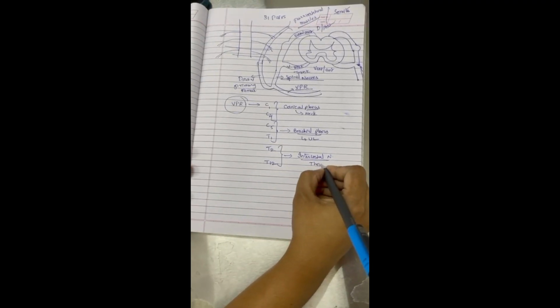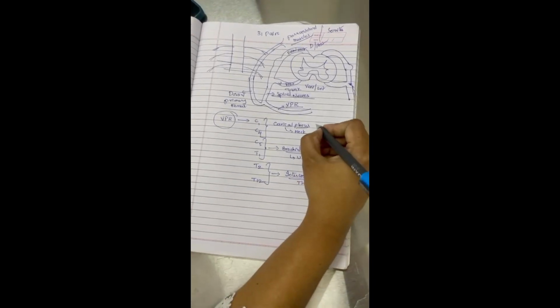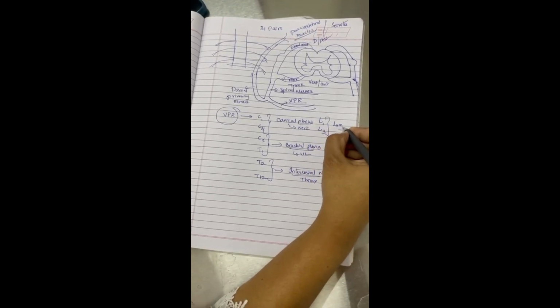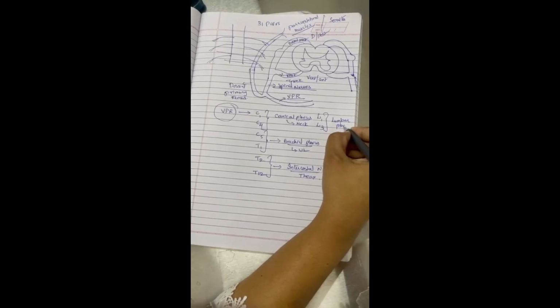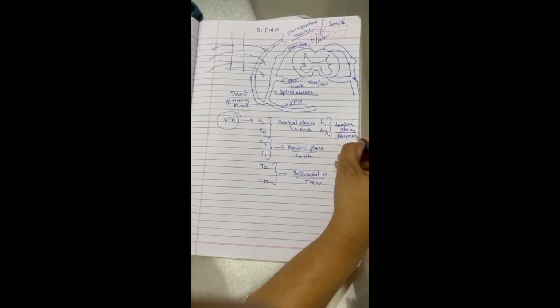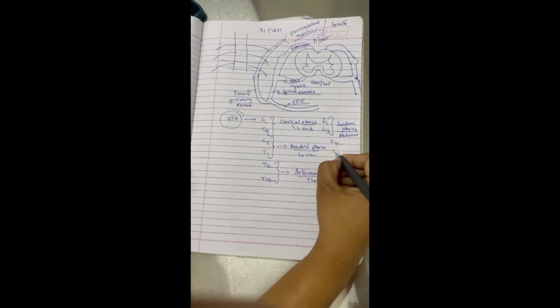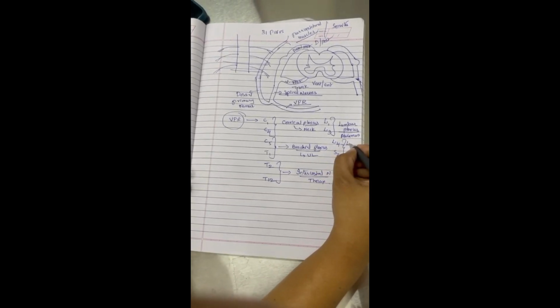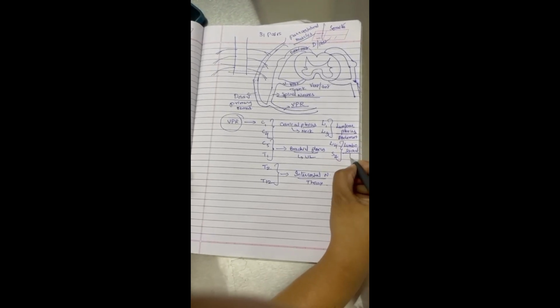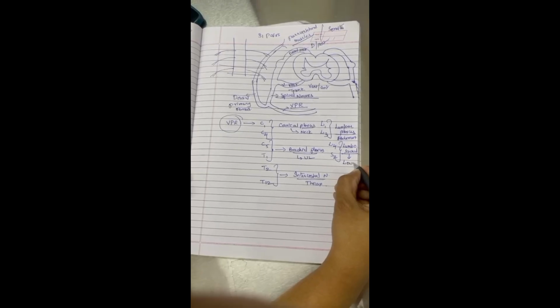Thorax region, body wall. And L1 to L3 will form lumbar plexus, which will supply the abdomen region, and L4 to S2 will form lumbosacral plexus, which will supply the lower limb.